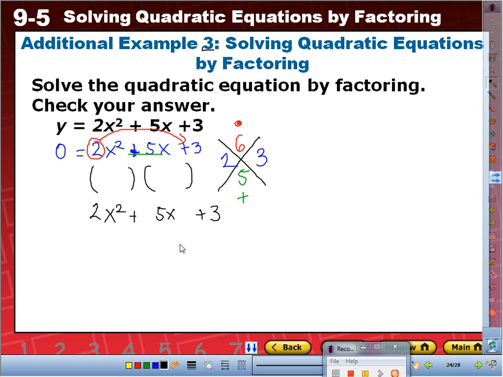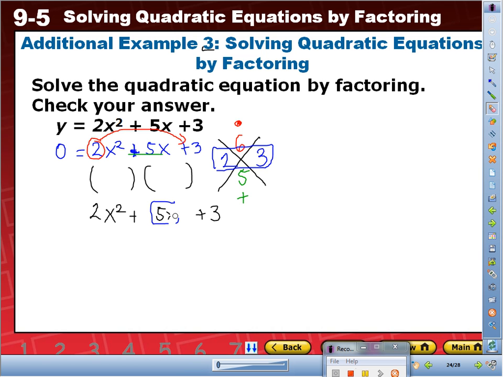Hopefully this will clarify. I just rewrote this, but instead, 5x could be broken down into 2x plus 3x. Because what is 2 plus 3? 5. So all I do, I replace this with 2x plus 3x.